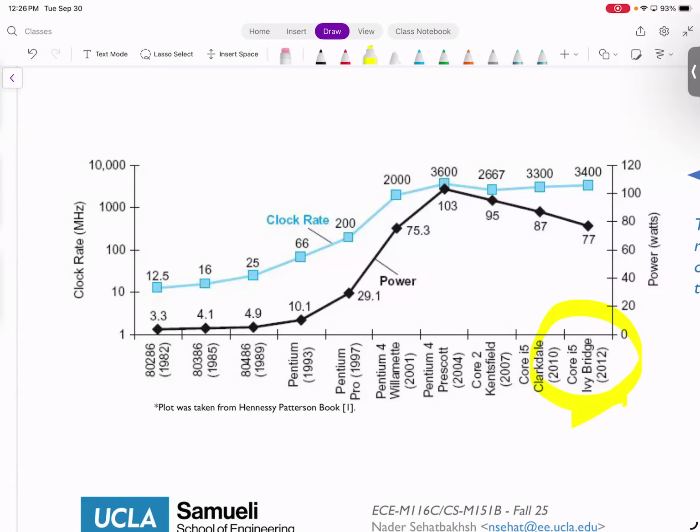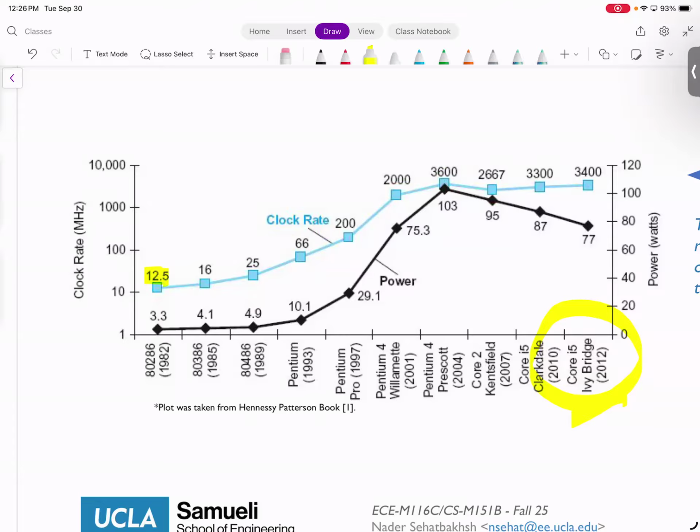This picture is not the most updated. Starting from 12 megahertz, we are now in the gigahertz range, like 3.4, 4.4, things like that. So we see a significant rise in the clock speed of the system.